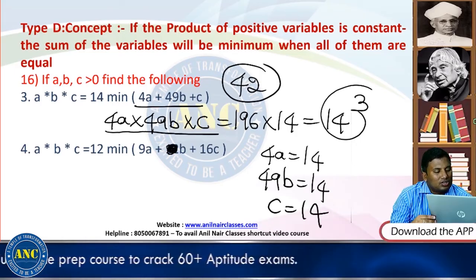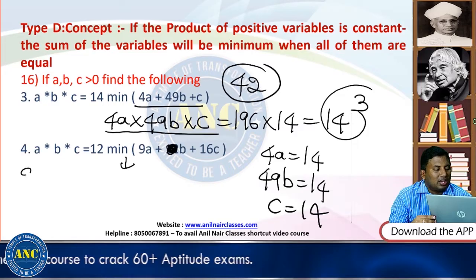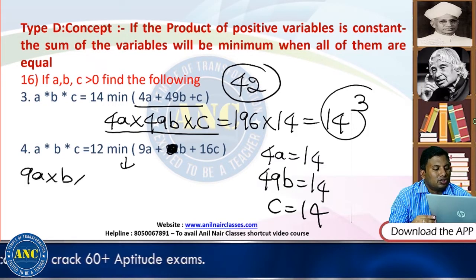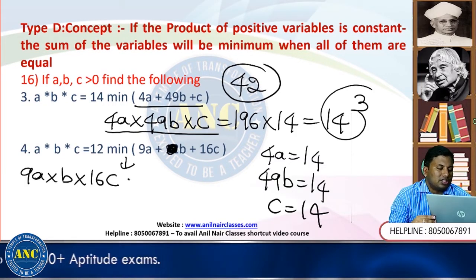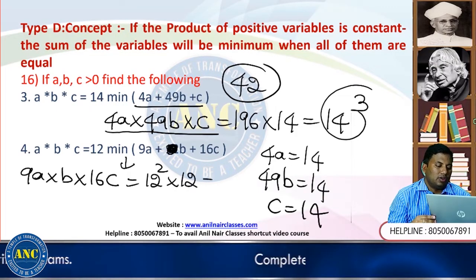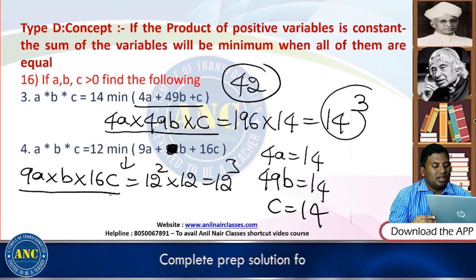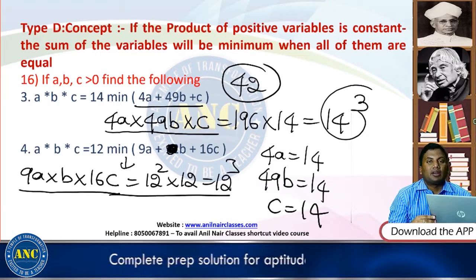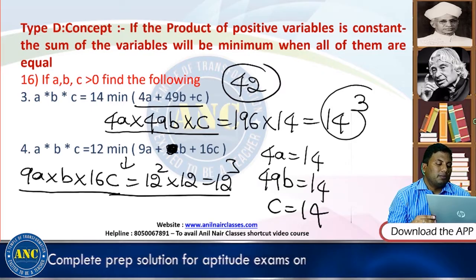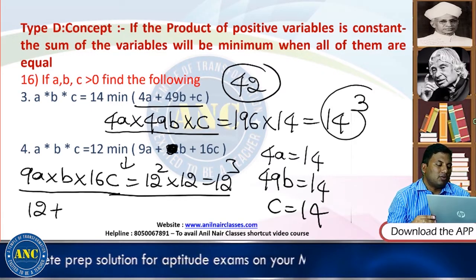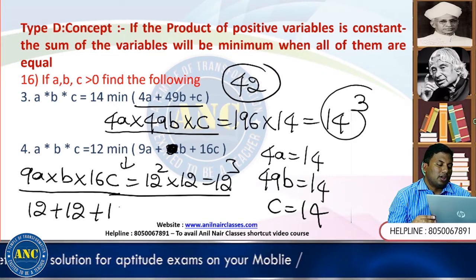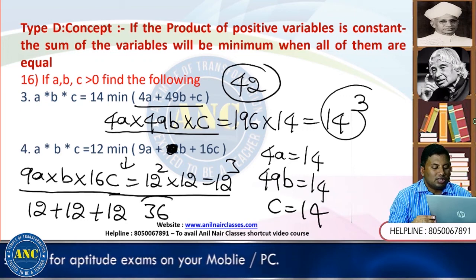So sum of these three, 9a into b into 16c, which is nothing but 12 square into ab, c is 12 cube. Product of these three is constant, that means sum will be minimum when the variables are equal. 12 plus 12 plus 12, answer for this question is 36.